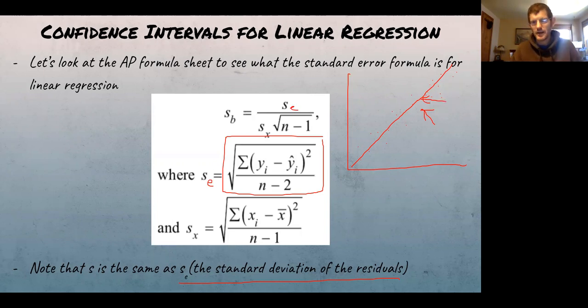And then I can do that for every data point, get the summation of all of that and do the rest of the calculation, and I get my standard deviation of residuals. So what this is essentially telling me is how far from my regression line my points are on average.